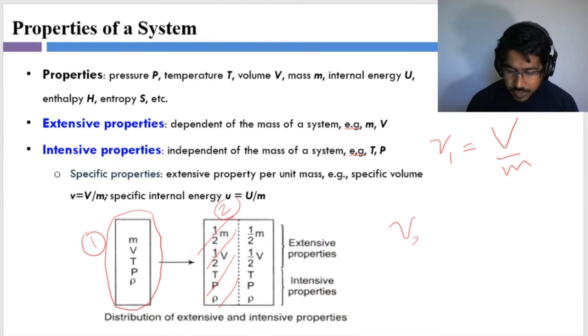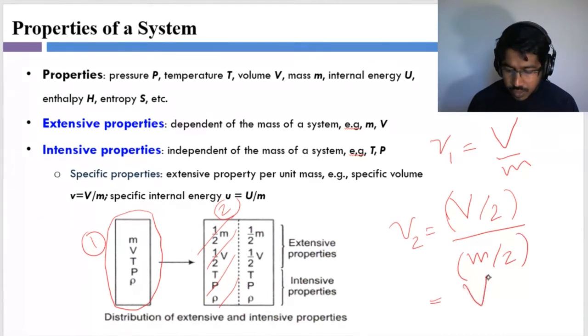That is going to be V2 equals the total volume of the previous system divided by 2 and mass of the previous system divided by 2. So essentially it becomes V divided by M. Now you can see specific volume does not change its value even if we divide the system into two.